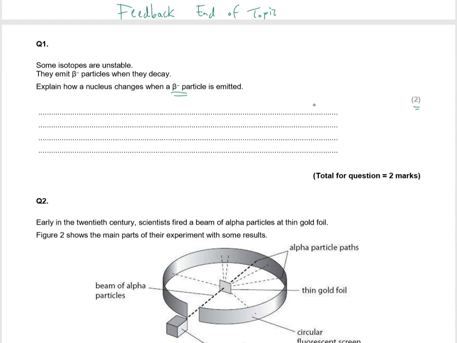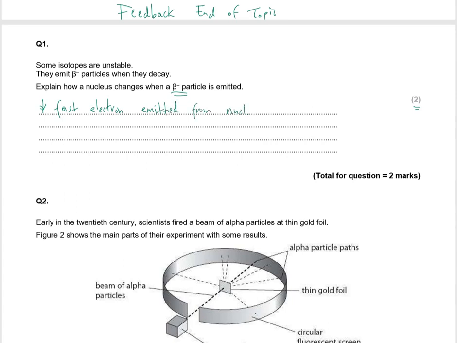First of all, a beta particle is a fast moving electron. The beta particle, the fast moving electron, is emitted from the nucleus.